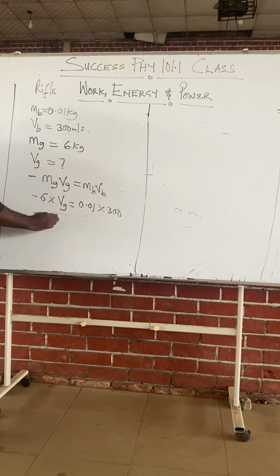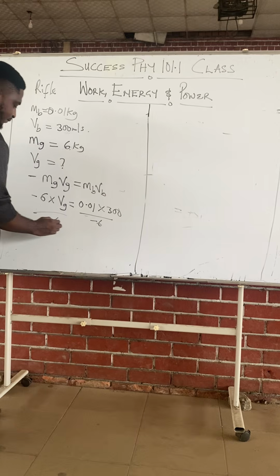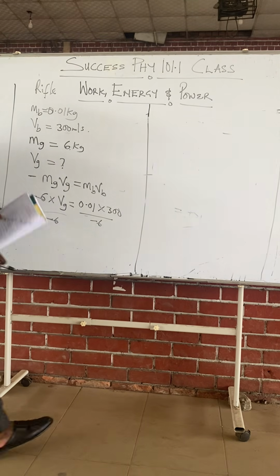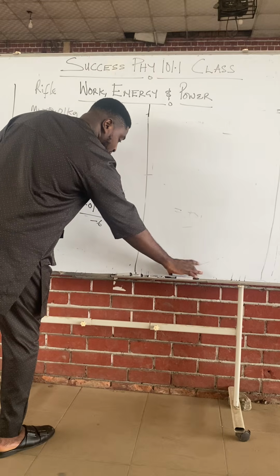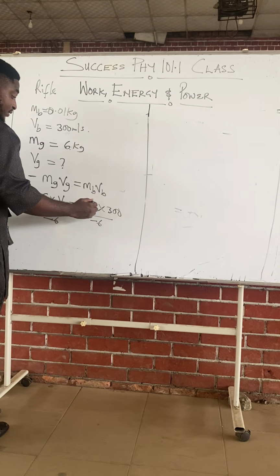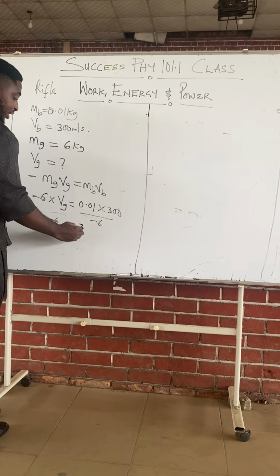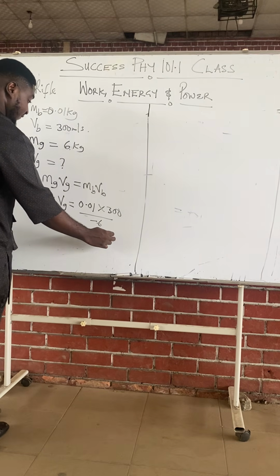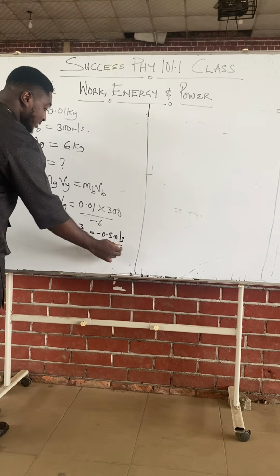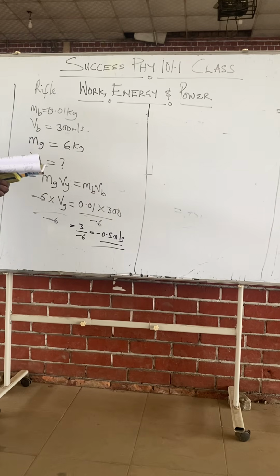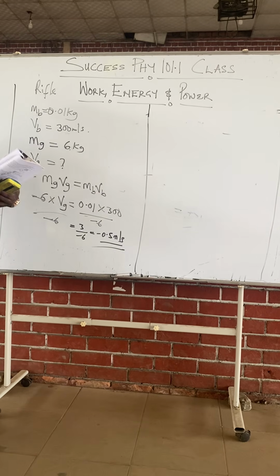Divide both sides by minus 6. 0.01 times 300 is 3. 3 divided by minus 6 is minus 0.5 meters per second. This is the recoil speed of the gun.